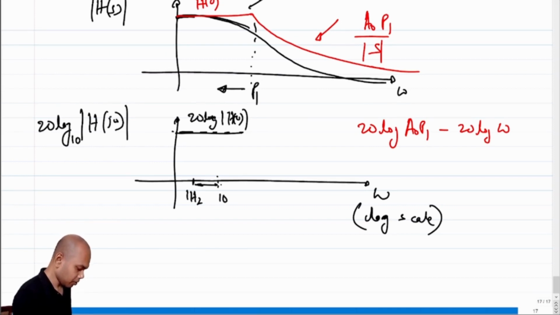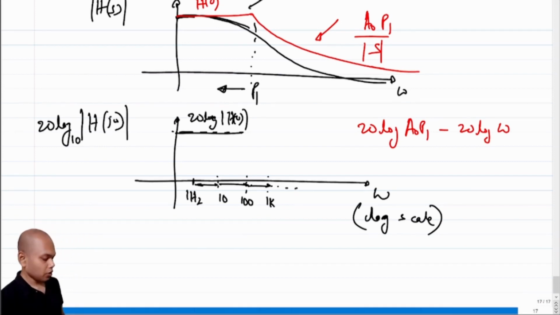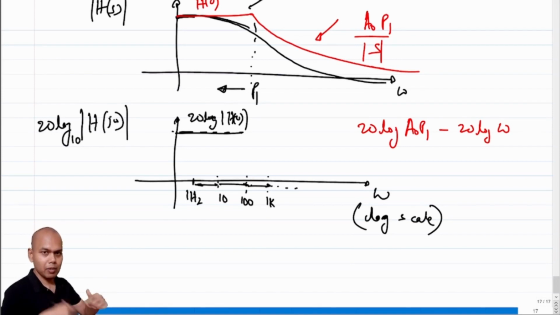Then if I go equal increment again to the right, this becomes 100 Hz. If I go another same equal increment to the right, it becomes 1 kilohertz, and so on, right? So equal increments on the x-axis multiplies the frequency. That's what log scale essentially implies.